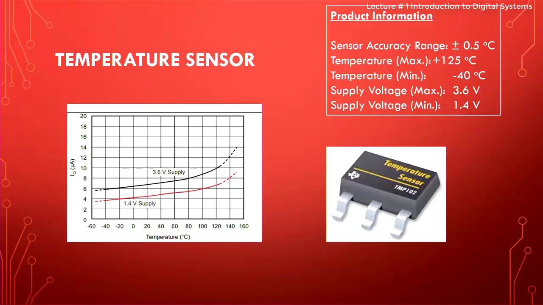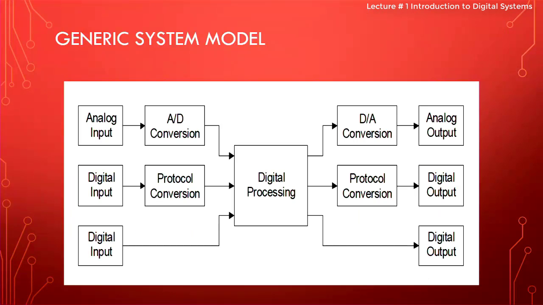Now the problem here is, say the outside temperature is 80 degrees centigrade, and the 3.6 volt supply is drawing 8 microamps of current. How does the computer understand that 8 microamps corresponds to a temperature of 80 degrees centigrade? Okay, we'll see that.